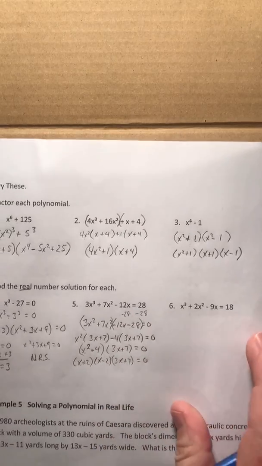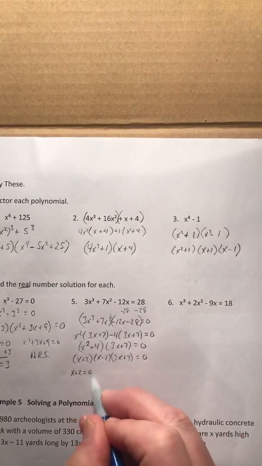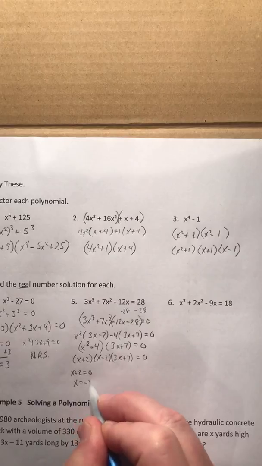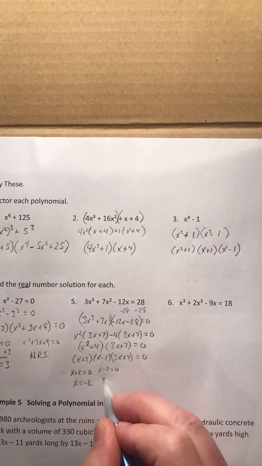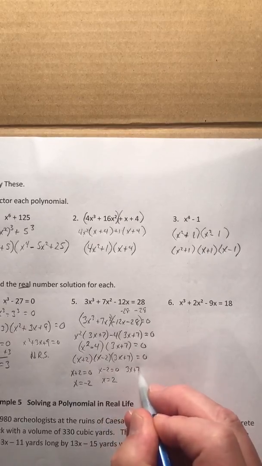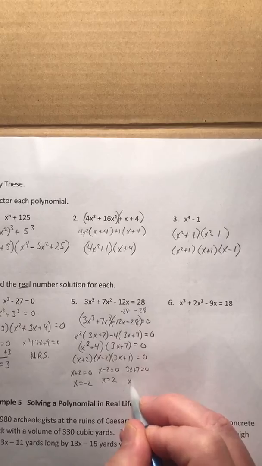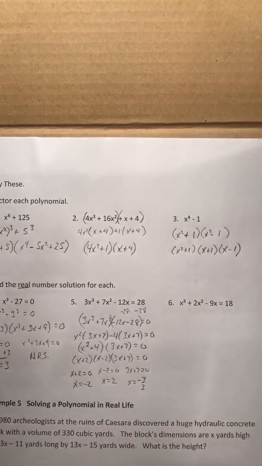Now all we do is we set all these equal to 0 and solve. So x plus 2 equals 0 gives us x equals negative 2. X minus 2 equals 0 gives us x equals positive 2. And then 3x plus 7 equals 0 gives us x equals a negative 7/3. And there's 3 solutions for that one.